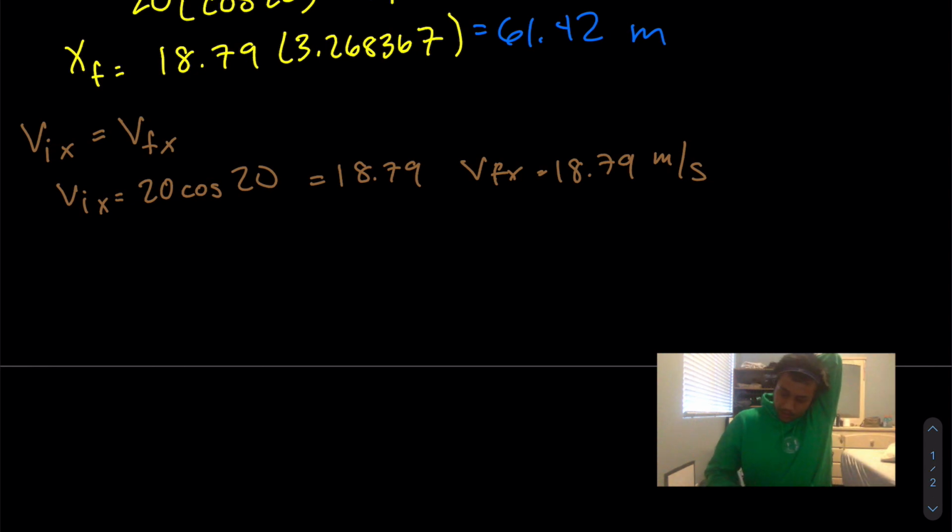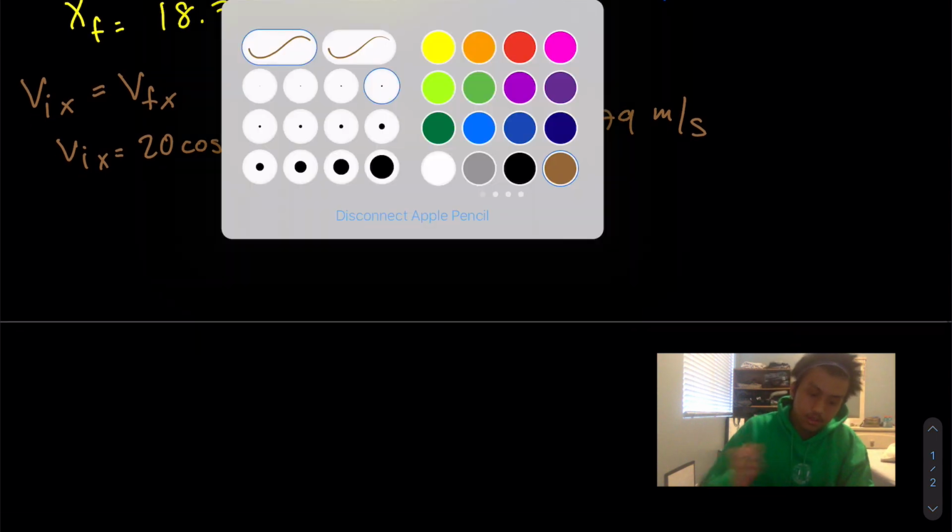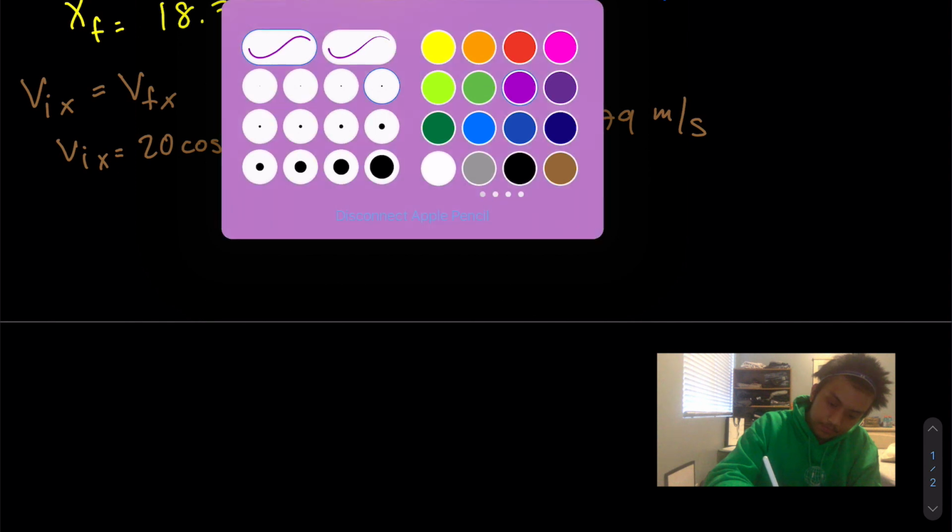And then finally you have to solve for v final y. Here you would use another kinematic equation: v final y equals v initial y plus acceleration times delta t.